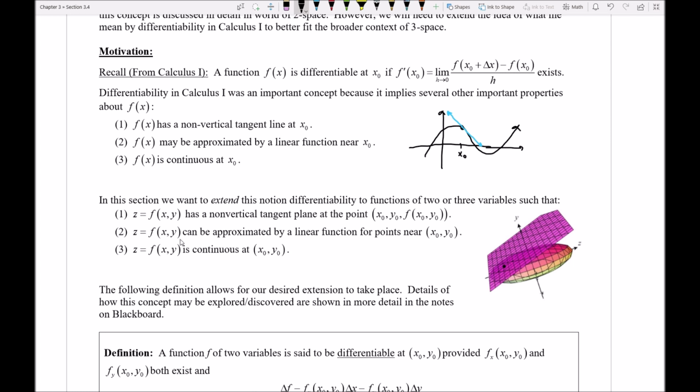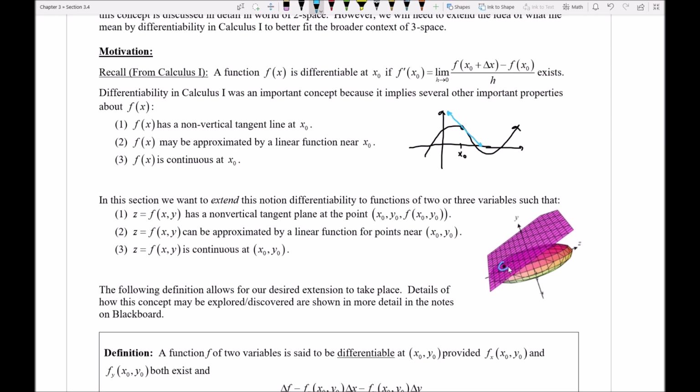It should then also be the case that this plane does a decent job of approximating the surface near that point of tangency. And you could kind of get that idea from taking a look at this picture. If this pink plane that I have here actually touches the surface at this point, then as long as I stay really close to that point, you should hardly be able to tell a difference between that surface and the actual plane itself.